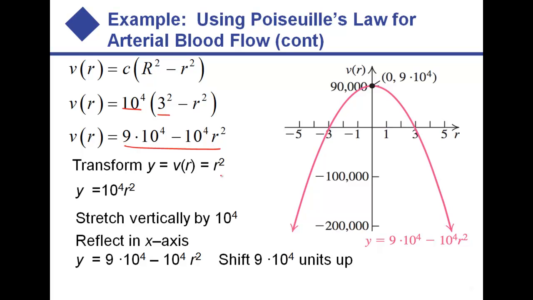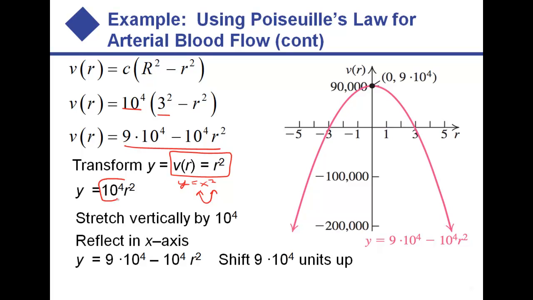Now if we start with our function just being the generic r squared, well, isn't r squared really the same thing as just y equals x squared, but with a different letter. So that's our normal parabola, centered at the origin, going up. What happens to it?